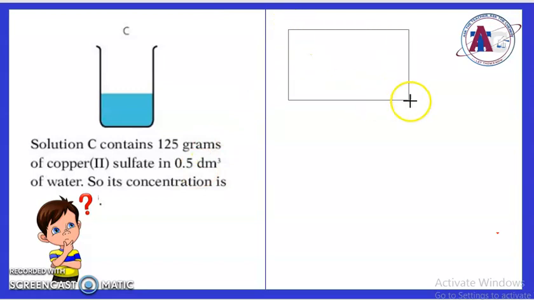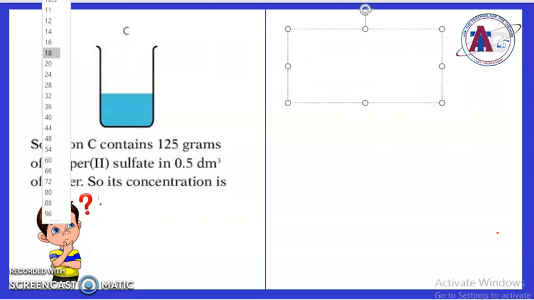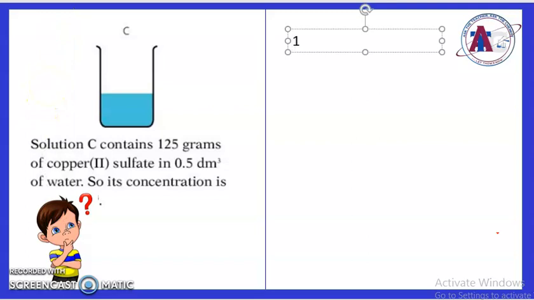We'll say, okay, if we have 125 grams of this copper sulfate in 0.5 dm cube, what would be the mass?